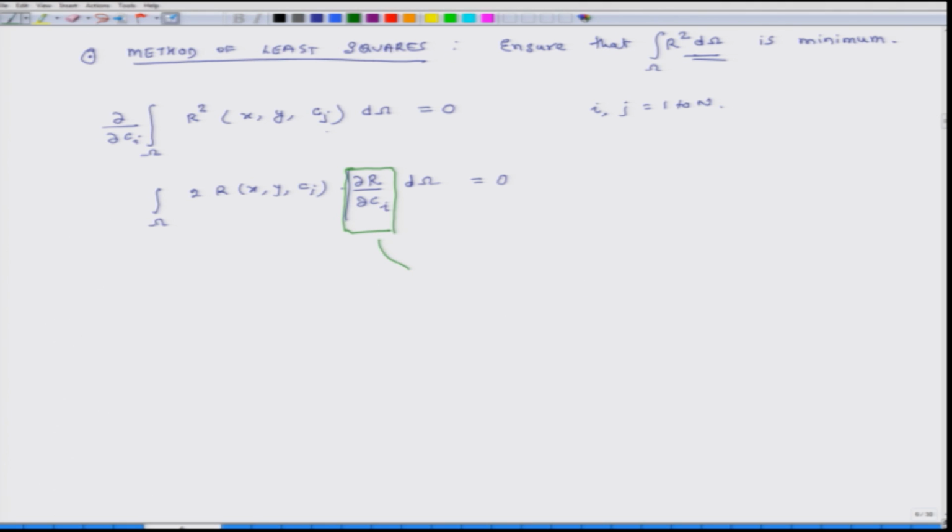I can call this psi I. So in the method of least squares, the choice of psi I is the partial of the residue R with respect to Ci.